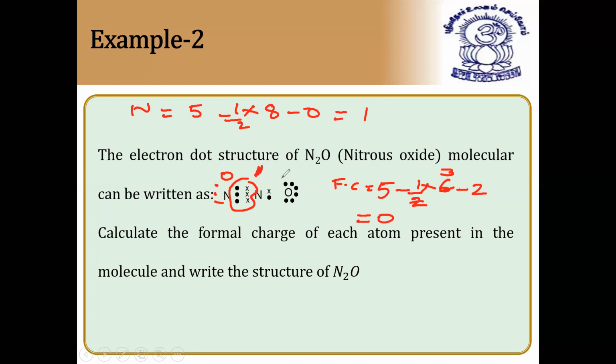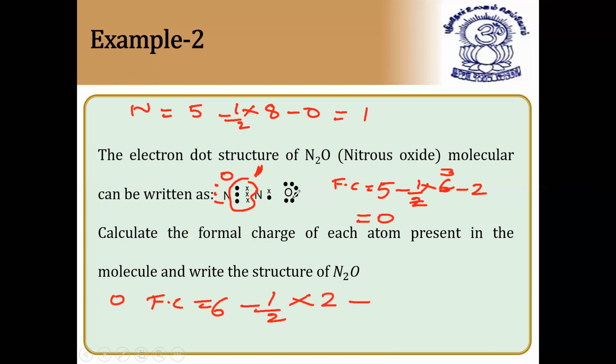Now let us take consideration of the formal charge of oxygen. Oxygen, total how many electrons is it having? Formal charge of oxygen I'm writing here. The number of electrons in the valence shell is 6, because oxygen has 6 valence electrons, minus 1 by 2 into the number of shared electrons. It has only 1 electron shared, so 1 plus 1, 2, minus 1 by 2 into 2.